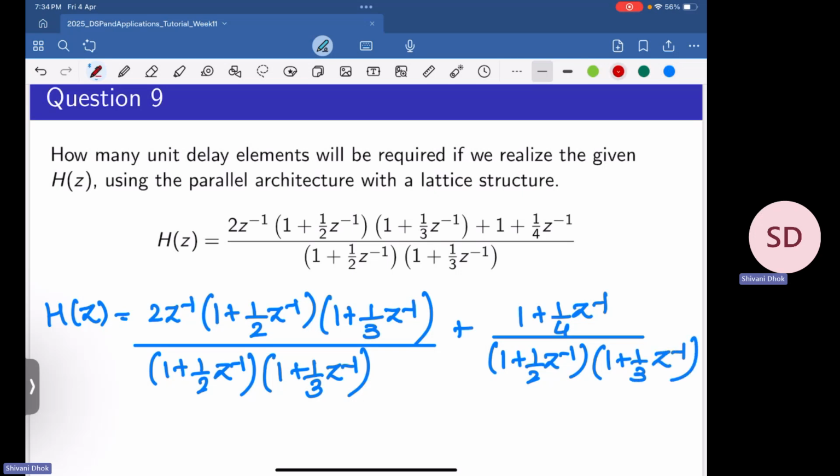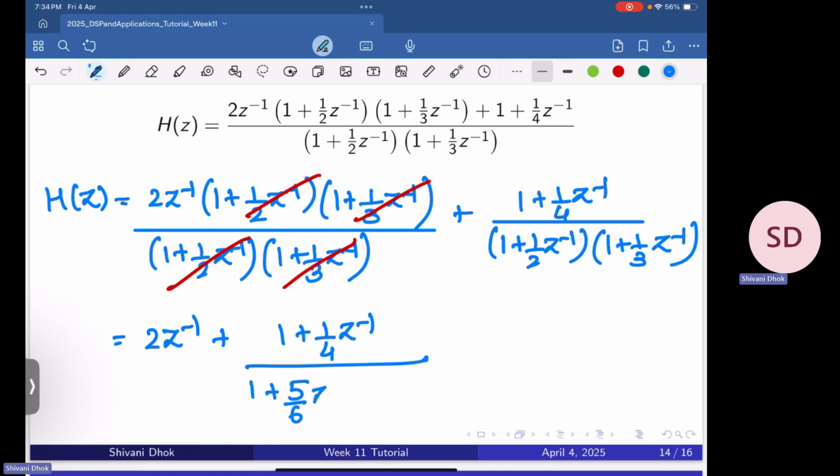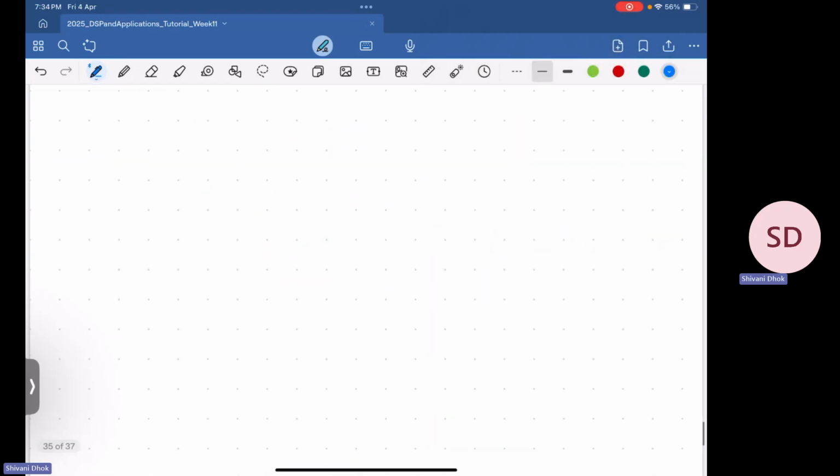This gets cancelled, and what we are left with is 2z inverse plus 1 plus 1 by 4z inverse upon 1 plus 5 by 6z inverse plus 1 by 6z to the power minus 2.